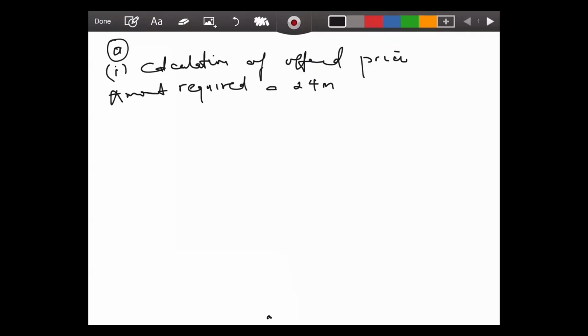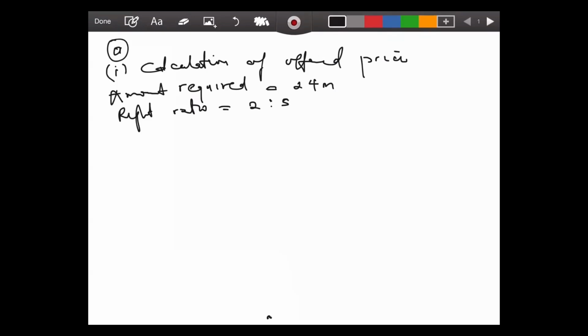But the offer ratio, the right ratio, is 2 for 5. Sorry, that should be a 2 for 5. That's the exchange ratio.